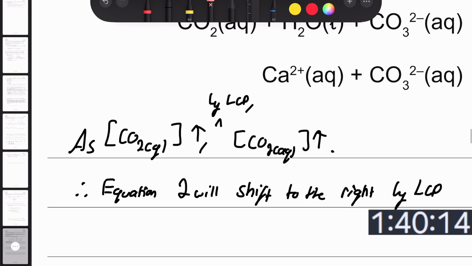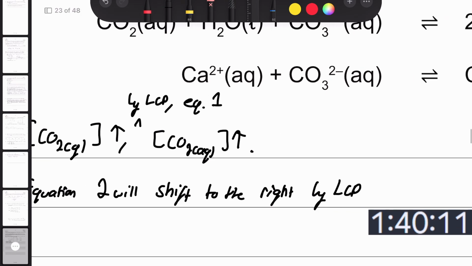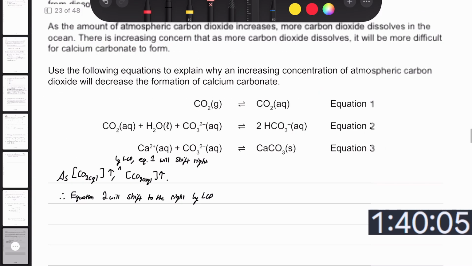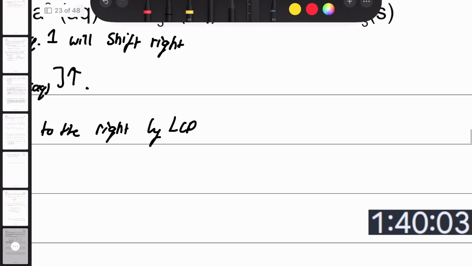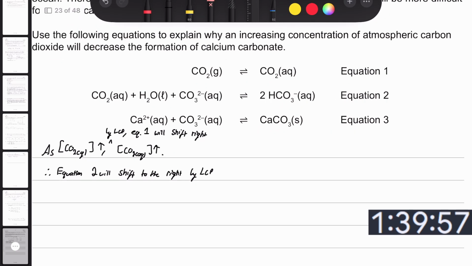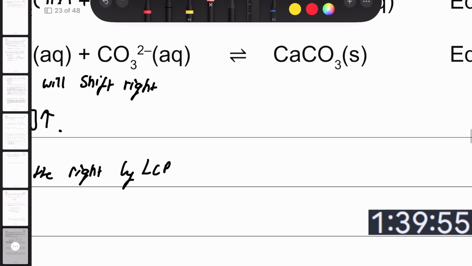By LCP, equation 1 will shift right. So when equation 2 shifts right by LCP, therefore CO3 2- will decrease.